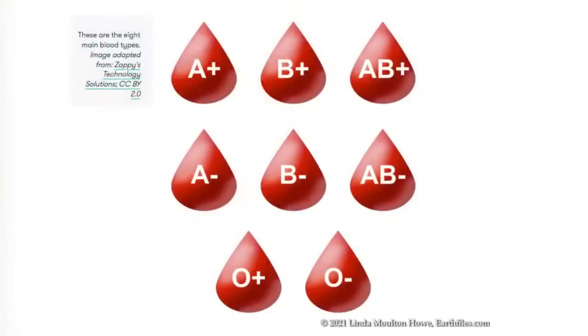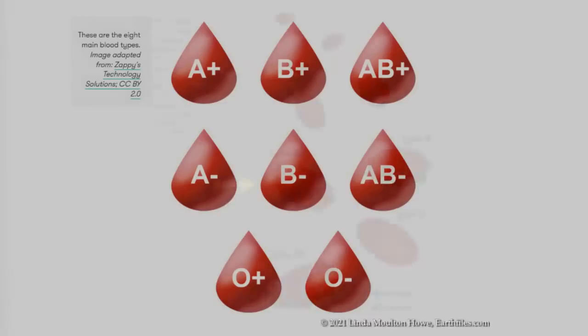Human blood is inherited just like eye color. There are 4 main types: A, B, AB, and O. Each letter refers to the presence or absence of A or B antigens that are sugars or proteins on the surface of blood cells.